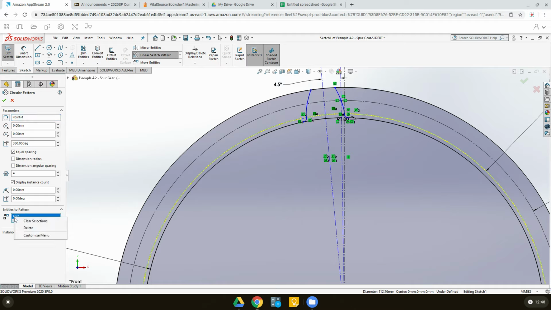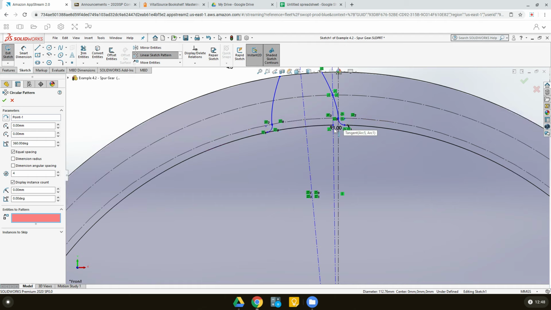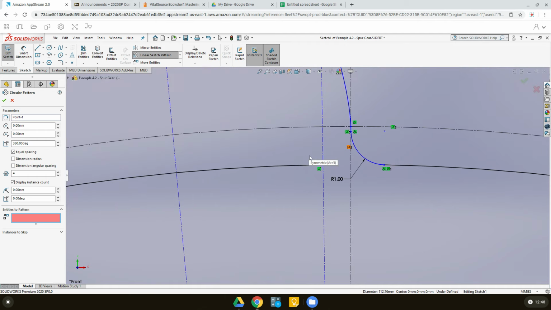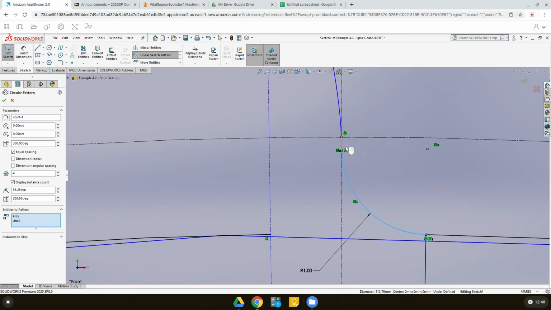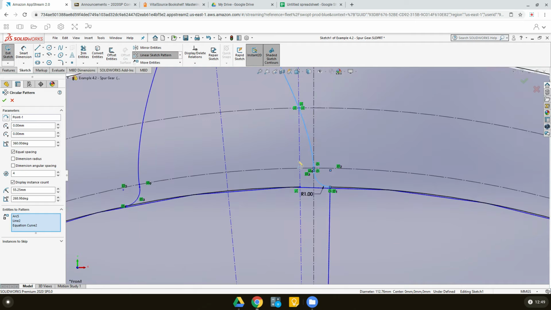That arc that was accidentally selected, I'm going to remove it. So entities to pattern. What entities do I want to pattern? Once again, we have to be very careful selecting all the entities. There are 6 entities that we want to pattern. We want to pattern this fillet. We also want to pattern this small line. Then we want to pattern this involute profile.